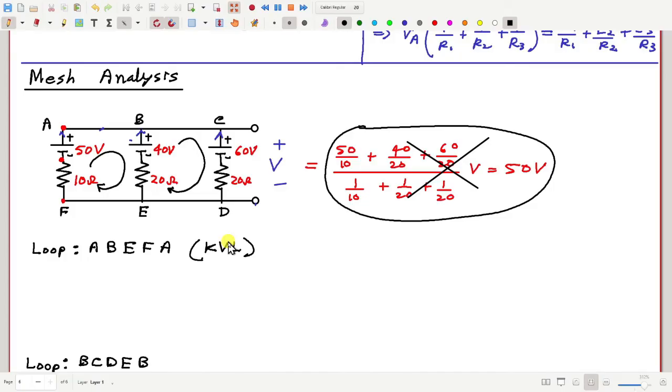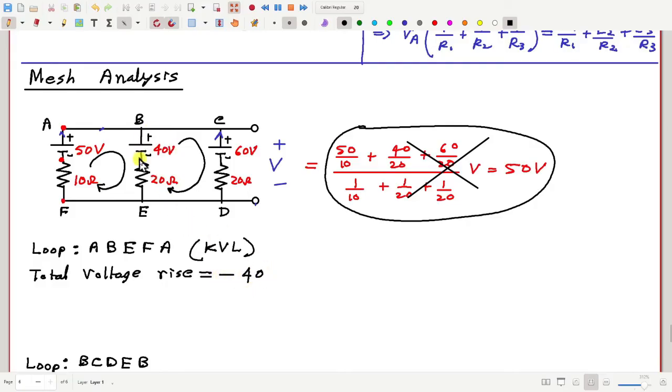Let's apply KVL on the loop ABEFA and find the total voltage rise. A to B there is no voltage rise or drop. Then B to E there is a 40 volt drop, so minus 40.